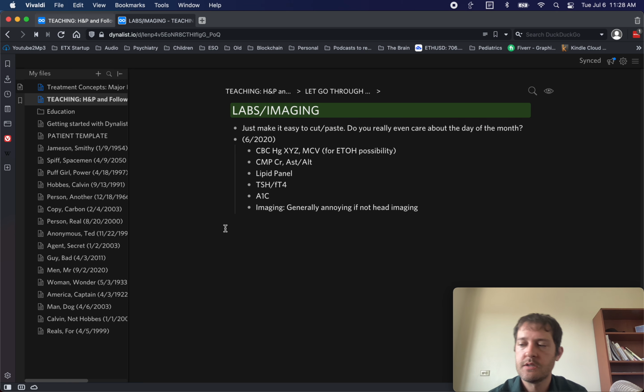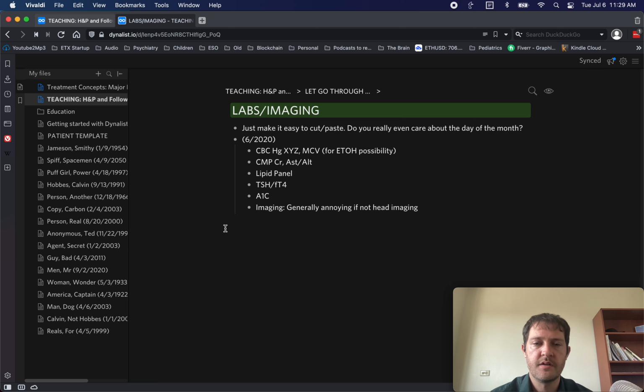So, labs and imaging. Again, you're not trying to rewrite your medical team's note. You're just putting kind of what's relevant to you. If you didn't write it, assume that you evaluated it and that it was fine. You don't want to cut paste forward a bunch of labs that you don't care about. So CBC, I'm putting if they're having problems with anemia, their MCV is 108 and they're alcoholics or something, and then that's relevant.